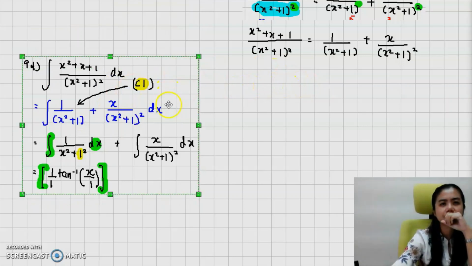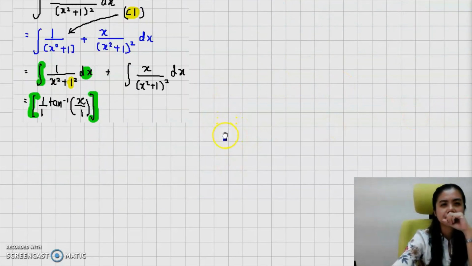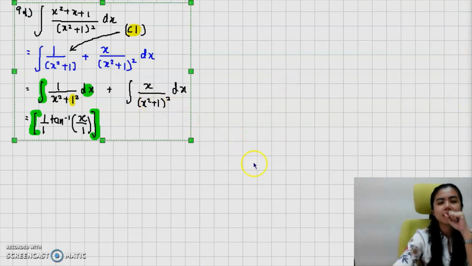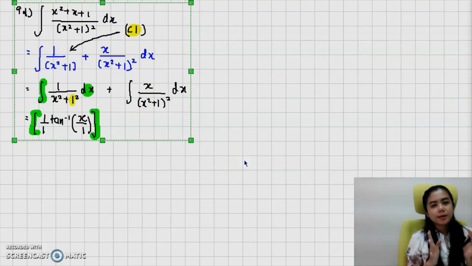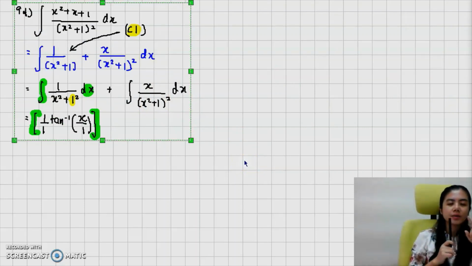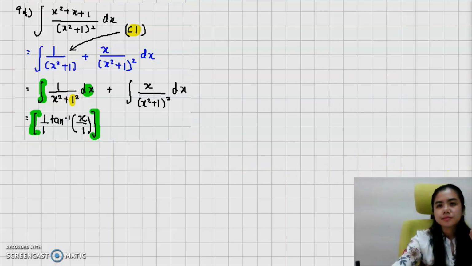Because we do not have a direct formula for that, what you have to think about is trying some substitutions. Try to sub this one as u.